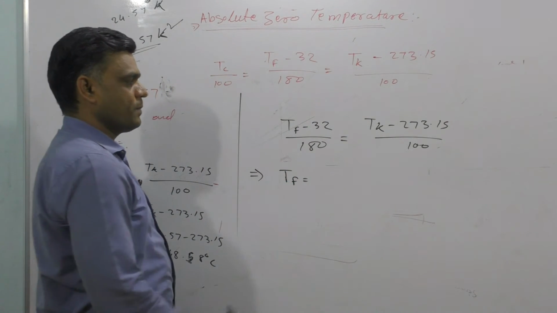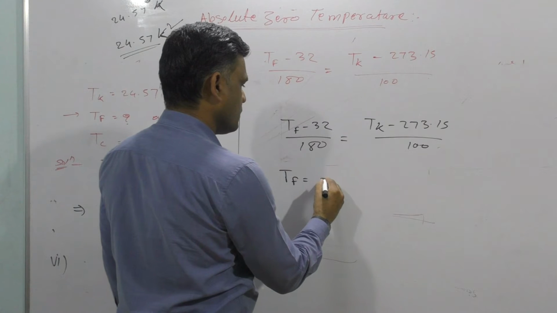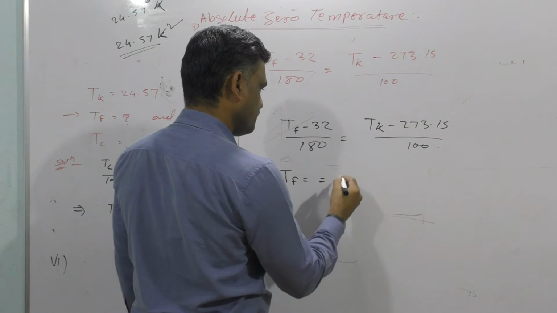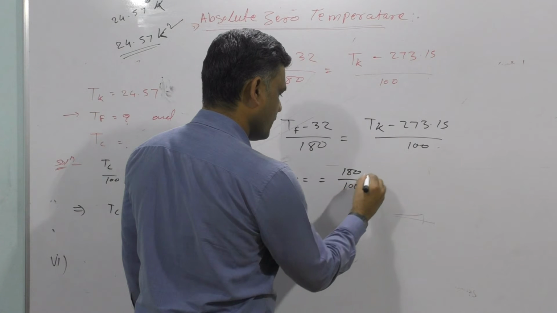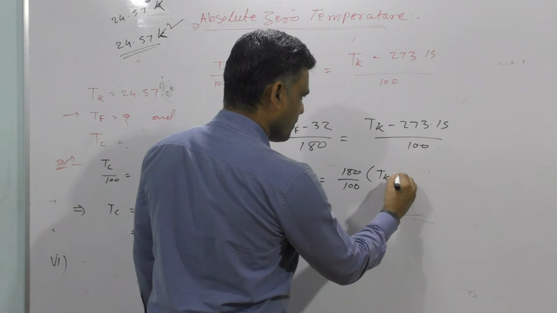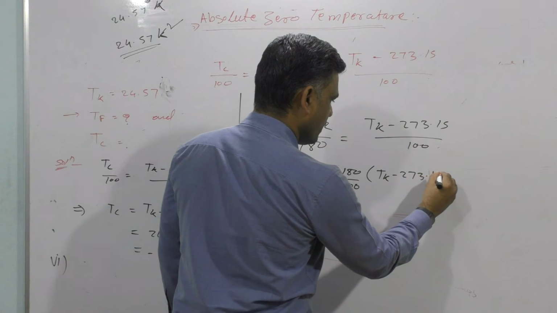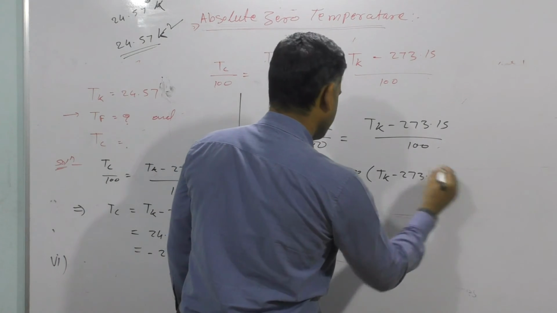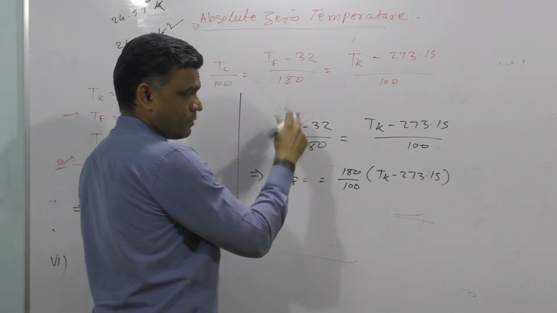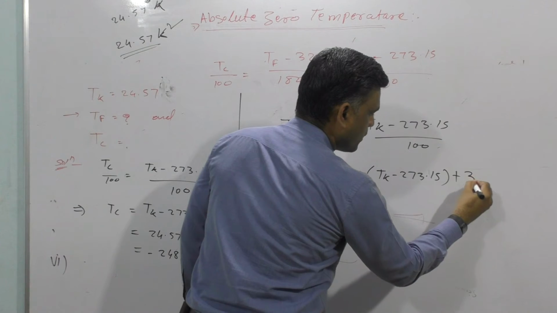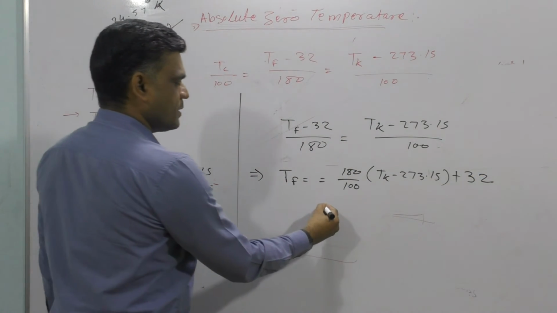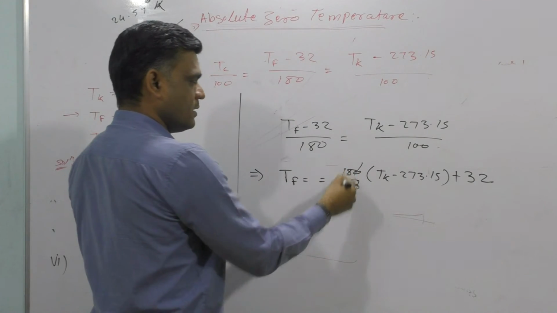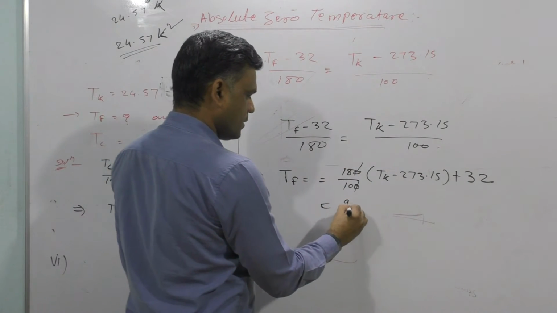TF is equal to 180 divided by 100 into (TK minus 273.15) plus 32, which is moved to the right side and becomes plus. Okay, so simplify this, the zeros get cancelled, we are left with 9 by 5.